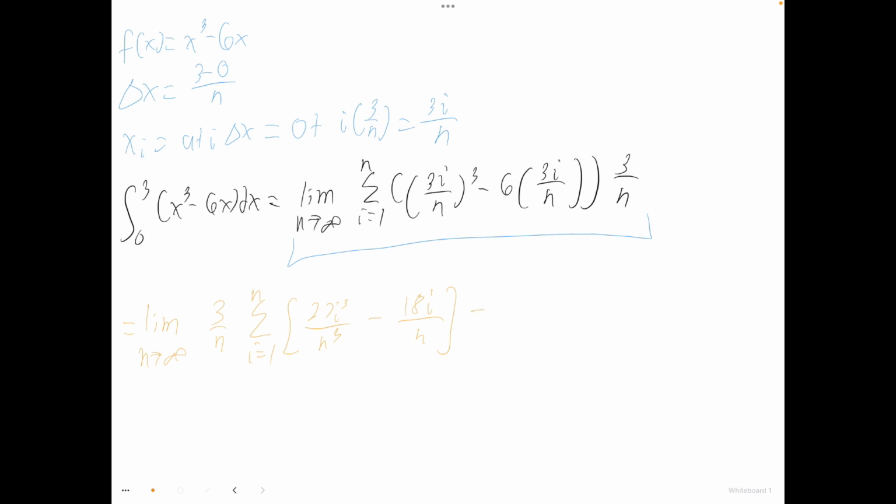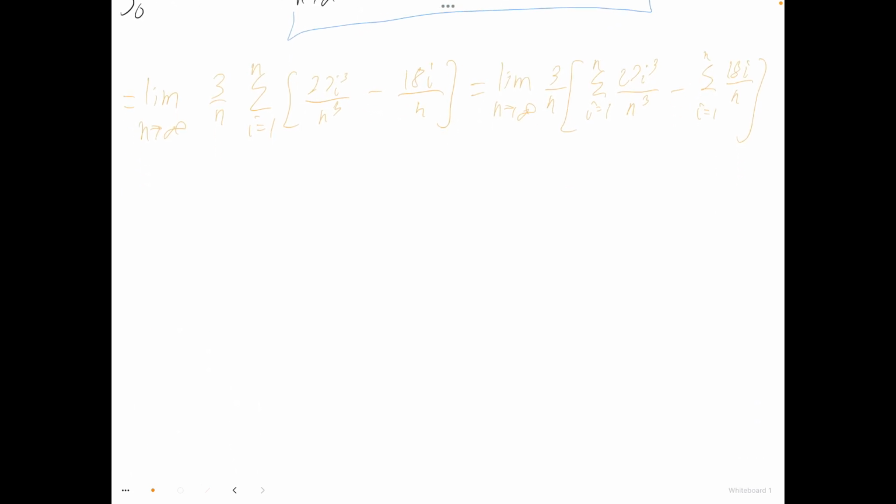Now we can factor stuff out. So we have the limit as n goes to infinity of 3 over n times the sum from i equals 1 to n of 27i cubed over n cubed minus the sum from i equals 1 to n of 18i over n. So I just broke it up into two sums. That's a property of summations.